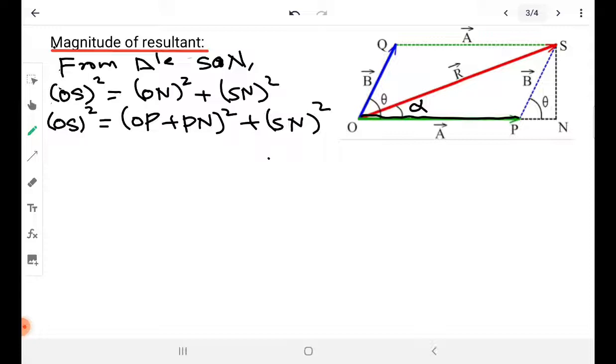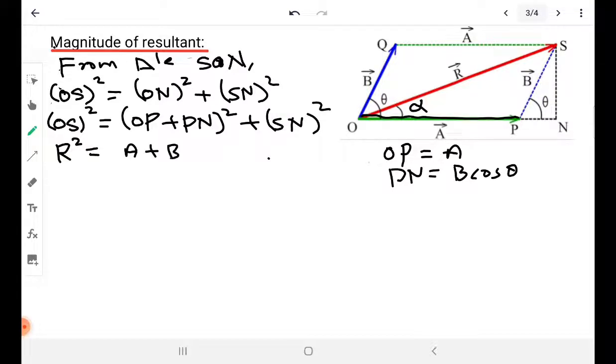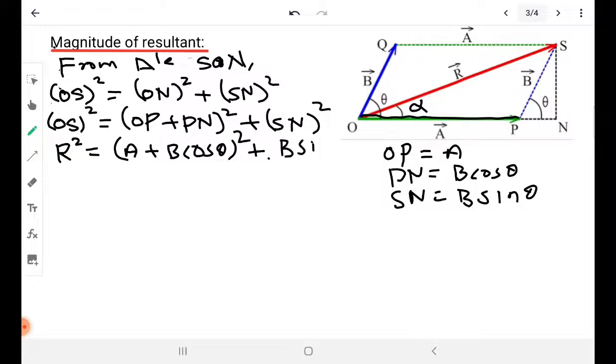So the value of OP is A and the value of PN is B cos theta. The value of OS is R, so R square is equal to A plus B cos theta whole square plus, and the value of SN is B sin theta, B sin theta whole square.